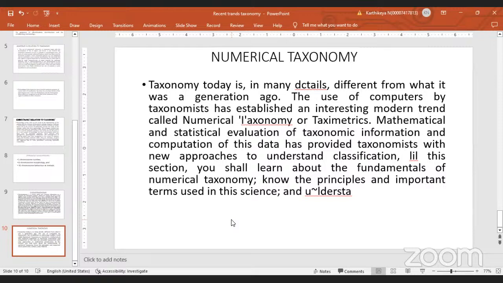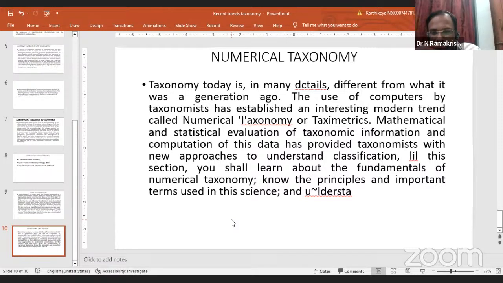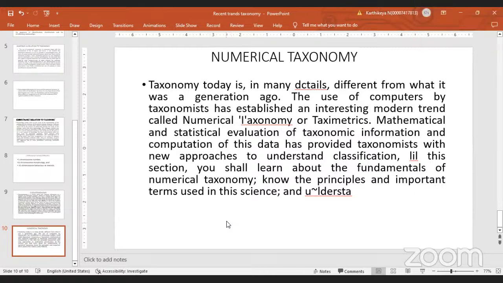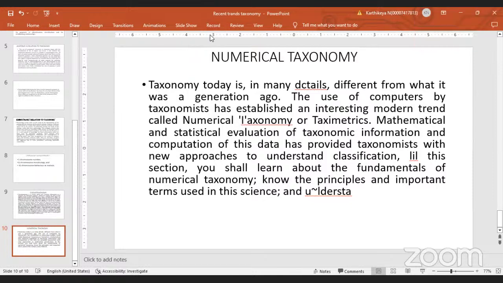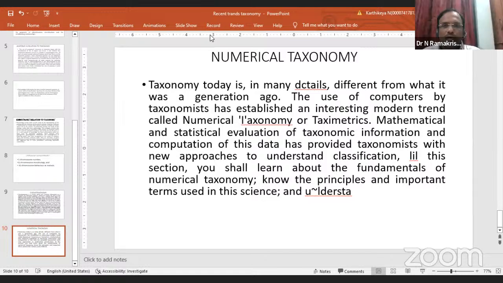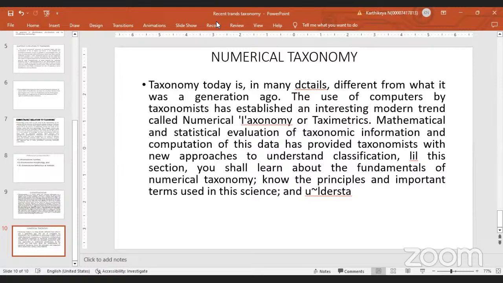What happened, Amma? What is one minute? Some people are saying. Sheikh, please mute your mic. Shireen, sir, you can mute her. Your voice is not clear, sir.